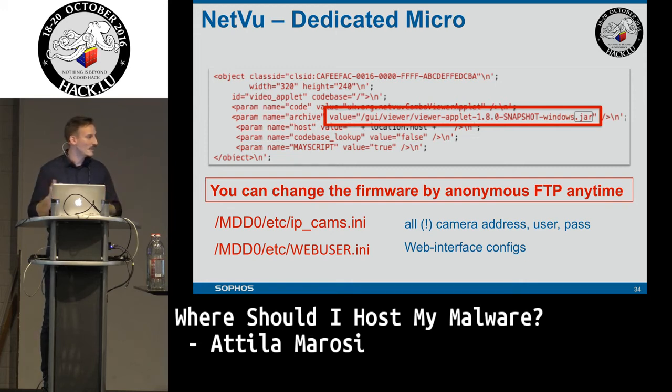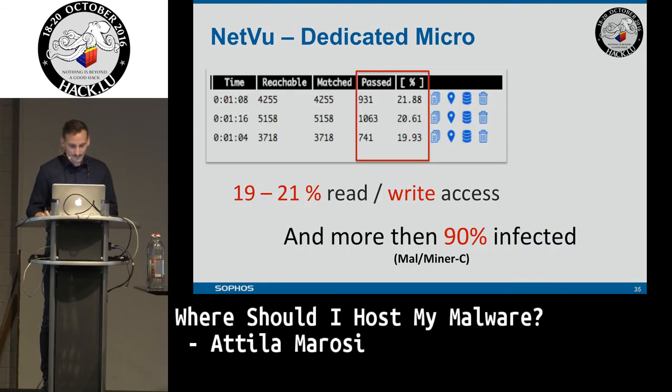So if you would like to change something on the device, the video viewer application, the applet, or you just would like to download all the camera credentials or web configurations or something, you can easily do that, because they use one folder for everything, and you can reach it by anonymous access.